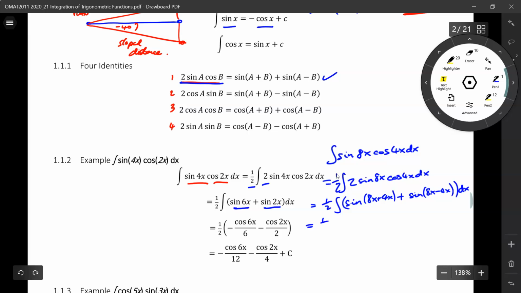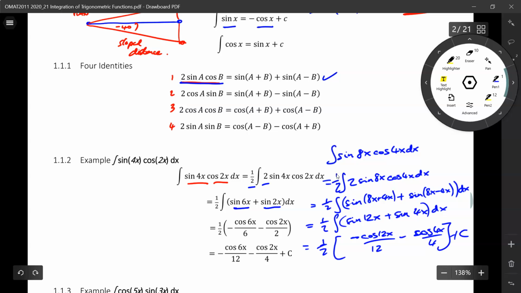And that is equal to a half times the integral of sine of 12x plus the sine of 4x dx. And that is equal to a half times minus the cosine of 12x over the coefficient of x, minus the cosine of 4x over the coefficient of x, plus our constant of integration.